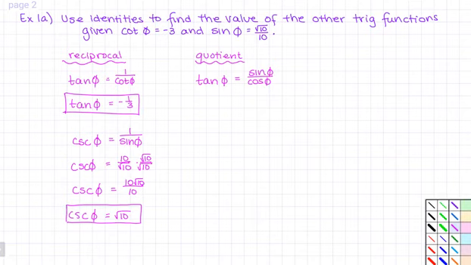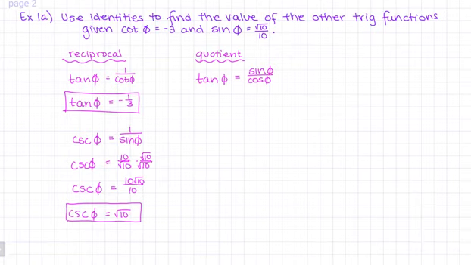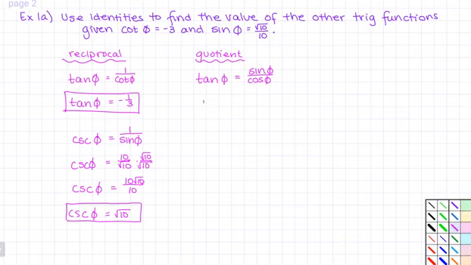I don't remember what we were on, but we'll just finish this up with the tangent thing here. So we've got cotangent, sine, tangent, and cosecant. We're missing cosine and secant, but there is a cosine in here. So I'm going to go ahead and solve this for cosine, and then we can plug in. You could plug in and then solve for cosine. It doesn't matter which order. So if I multiply both sides by cosine, I'm going to get cosine times tangent equals sine, and then we can divide.